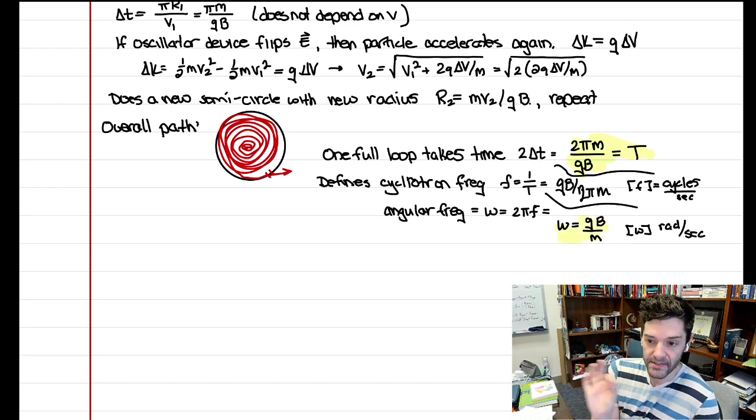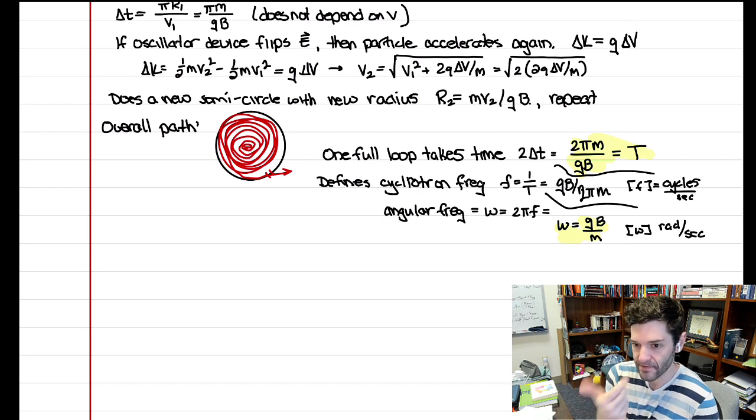This is why this is important, because that oscillator needs to know how frequently it needs to flip the electric field.